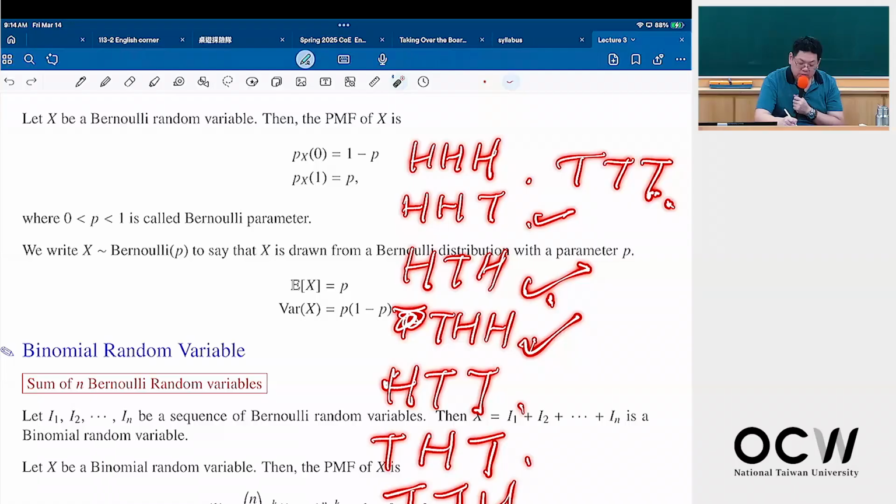Each time I'm doing a Bernoulli, but if I sum them together, it becomes a binomial.